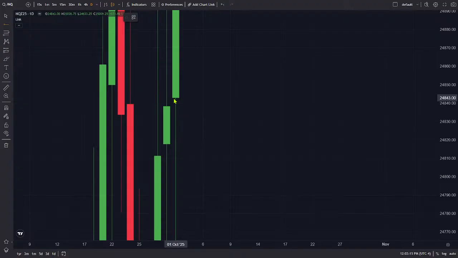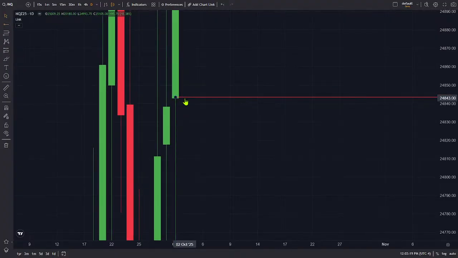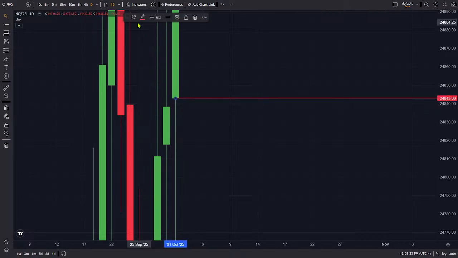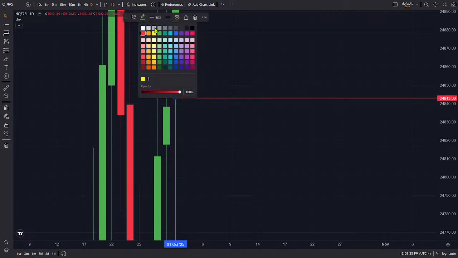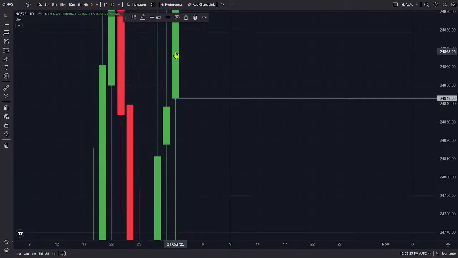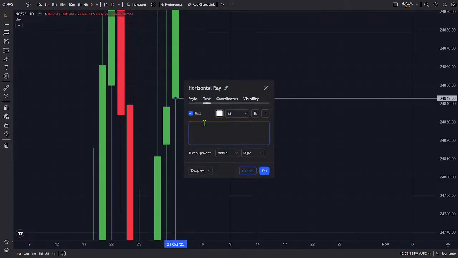And what I typically do with those is I just mark them out in gray as a potential level. I just make it a 1 point. Volume imbalance daily.